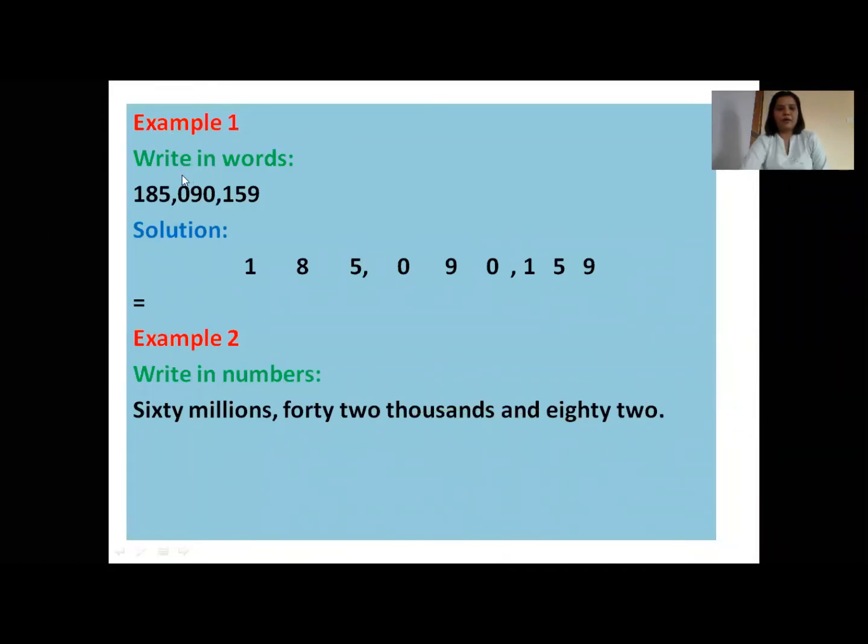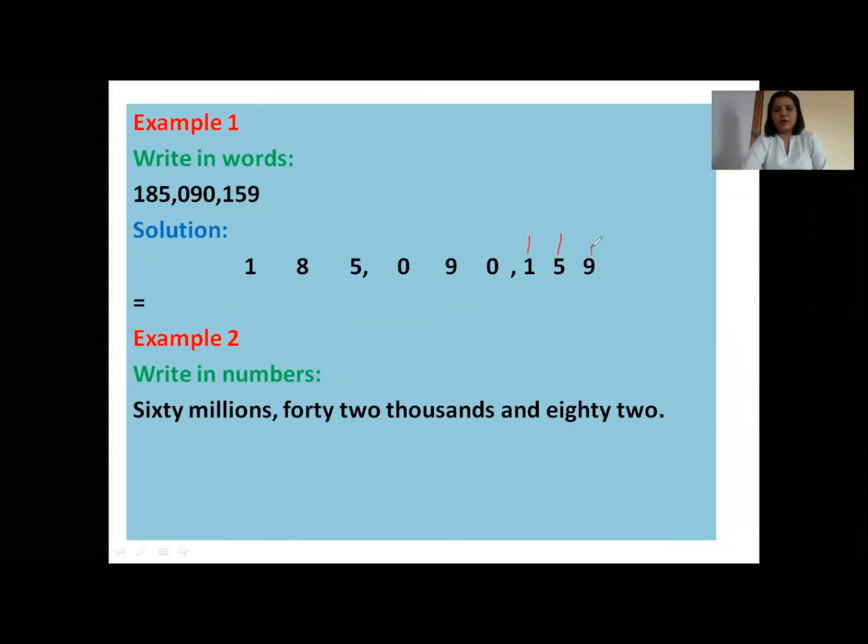Example number 1, write in words 185,090,159. Now the question hasn't asked us to make a place value table, so we will roughly sketch the place value table in our answer. This will also save our time.